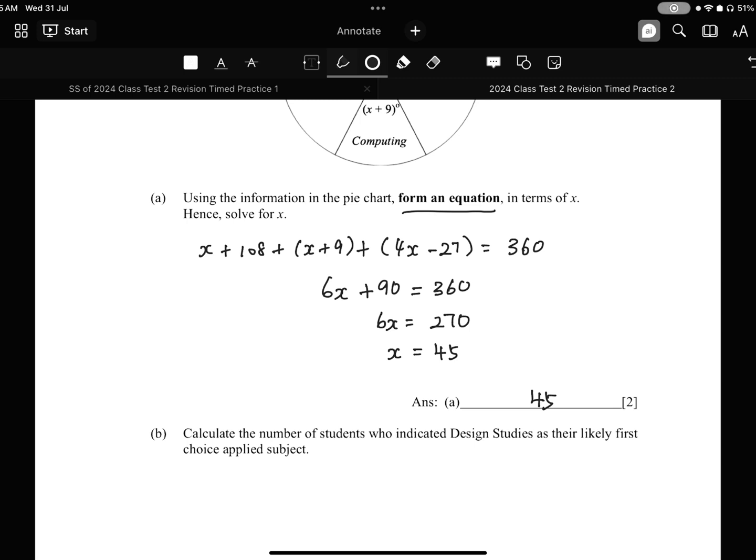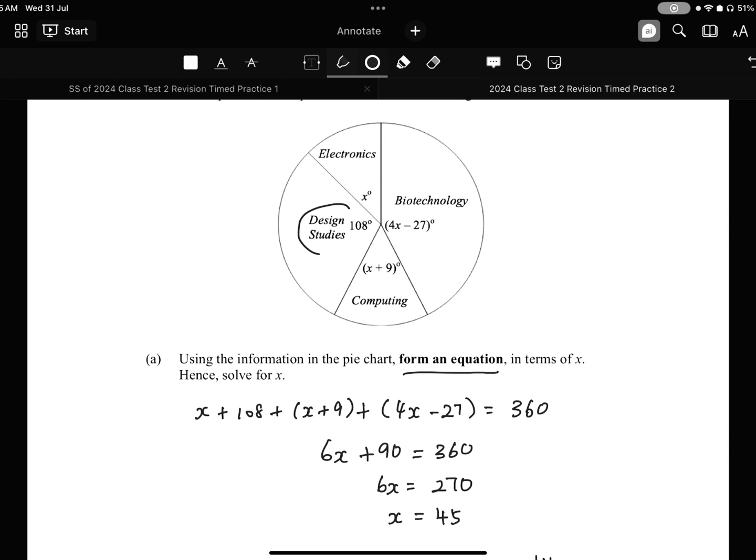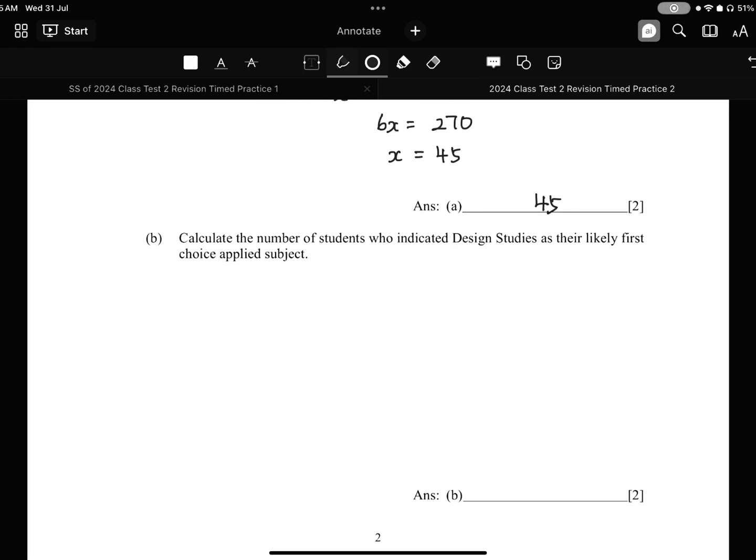Now, in the second half of the question, they tell us to find out exactly the number of students who take design studies. So we look at design studies. It is over here, 108 degrees. So we know that the angle is proportional to the number of students, right?